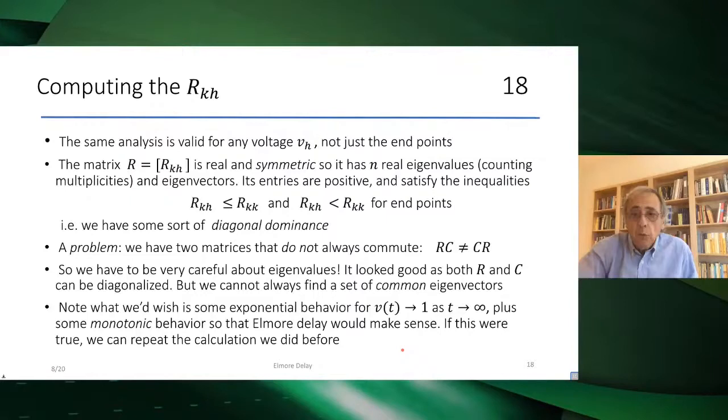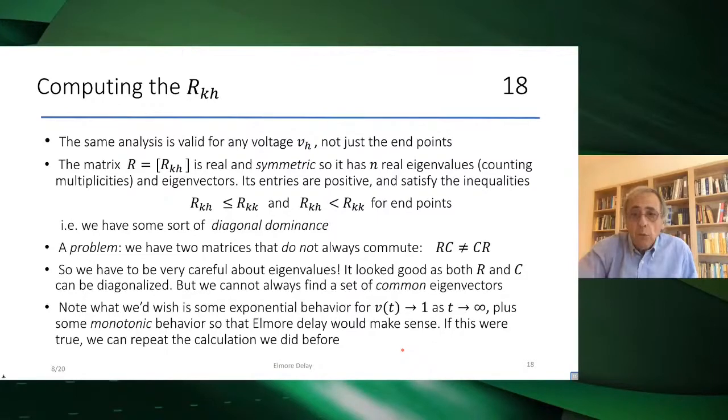So we have real eigenvalues, counting multiplicities, n, and n eigenvectors that will be perpendicular, actually. So very nice. The matrix R could not be better.